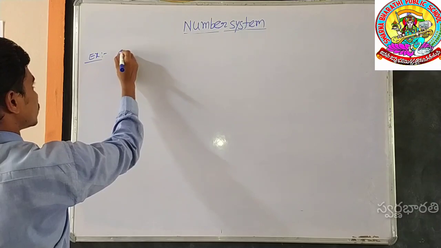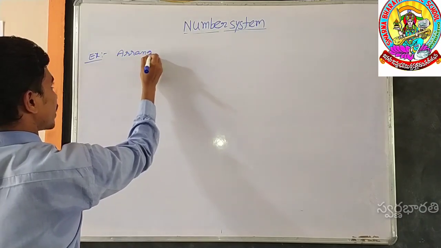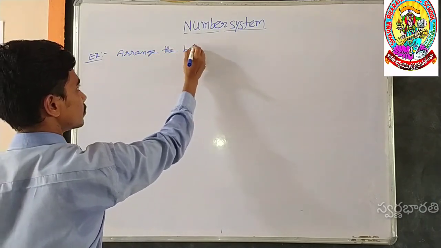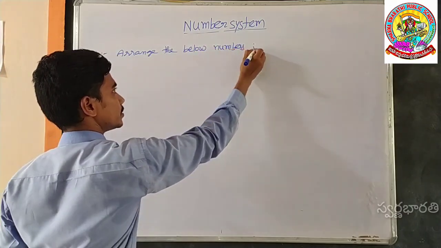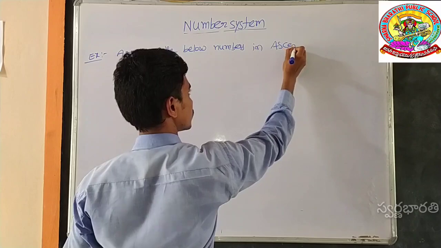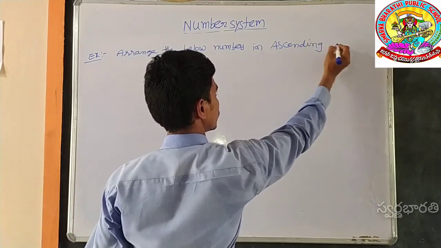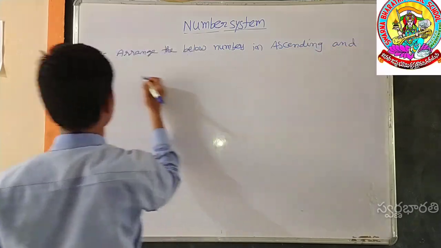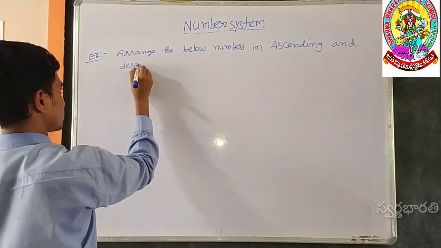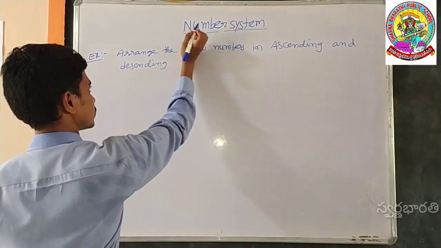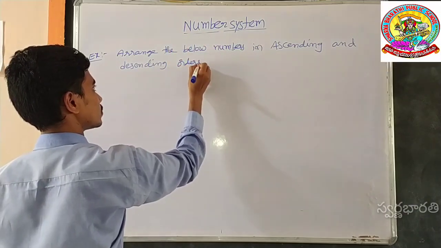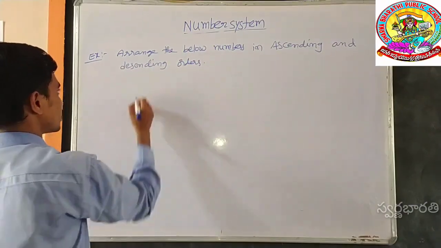Example: arrange the below numbers in ascending and descending orders. What are the given numbers?